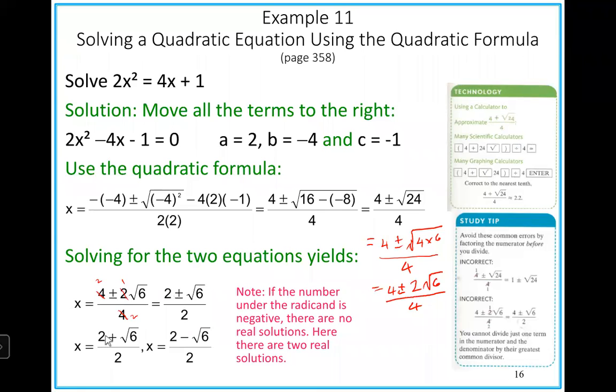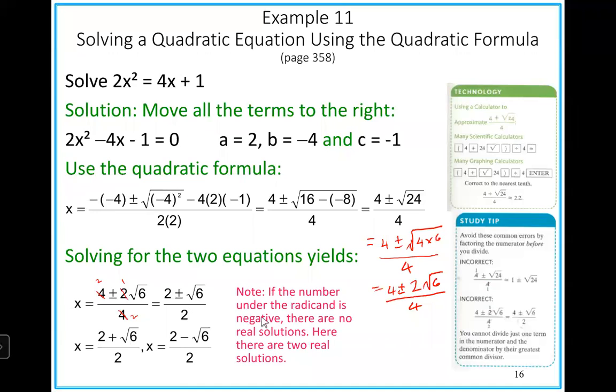And so your answer could either be 2 plus square root 6 over 2 or 2 minus square root 6 over 2. And if the number under the radical is negative, well, we don't have square root of a negative number. So it means then that there are no real solutions. But in this case, the numbers are positive under the square root sign. So we do have 2 real number solutions.